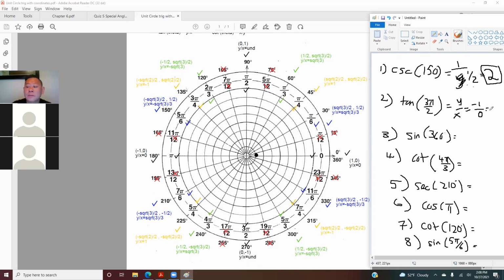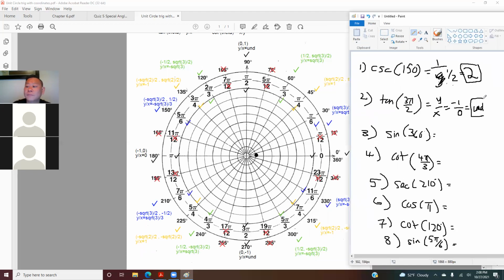And what does this mean? Anyone know what -1 over 0 means? Undefined. Yep, this is the answer I'm looking for, is undefined. Don't give me -1, 0 in your test, you will get full points.